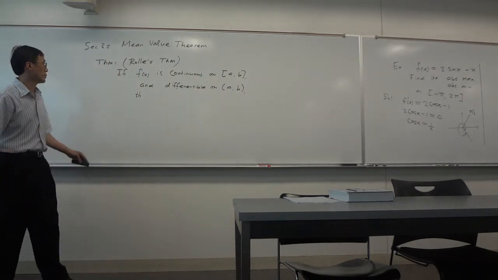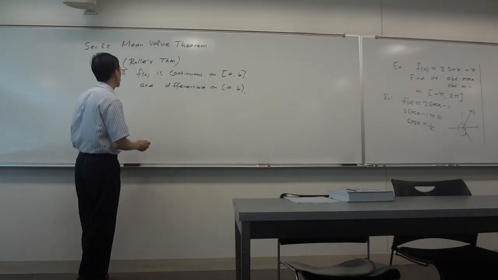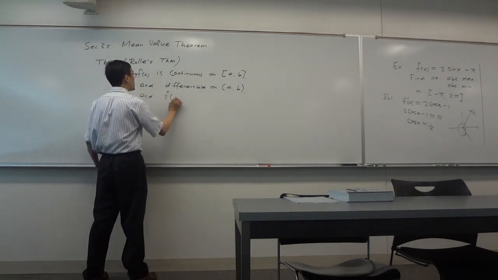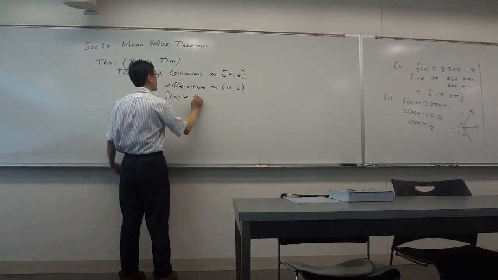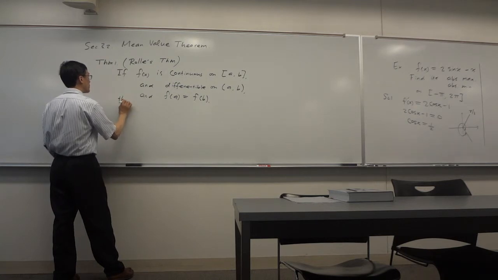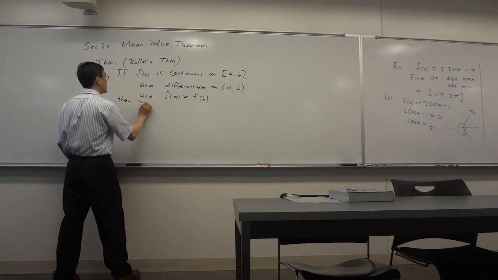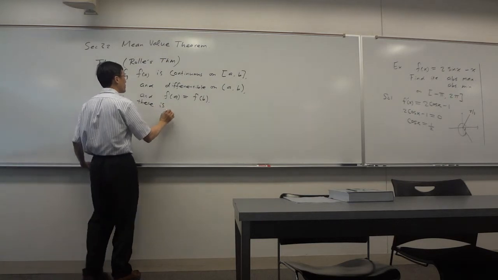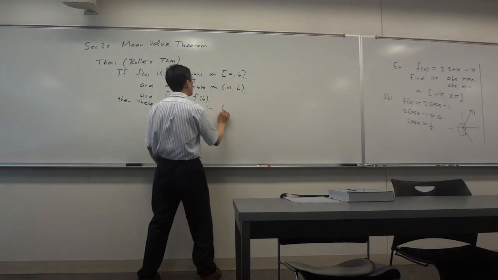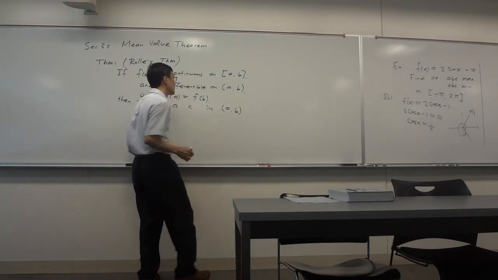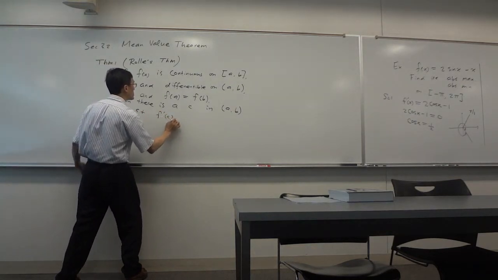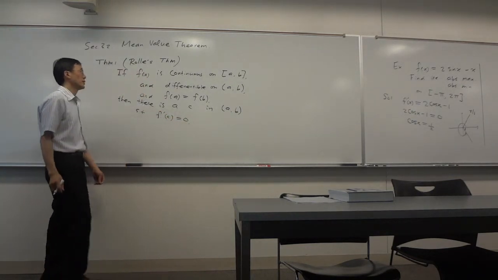For Rolle's theorem, we have another condition, f(a) equals f(b). Then there is a c somewhere in the middle, c inside the interval from a to b, such that f prime of c equals 0. Right? That's the statement.